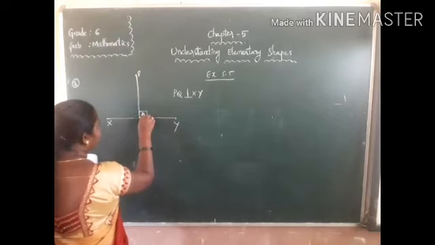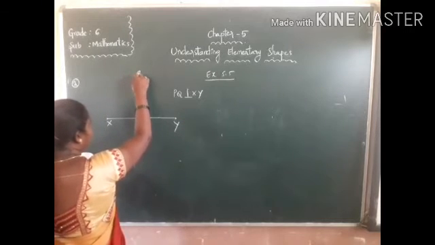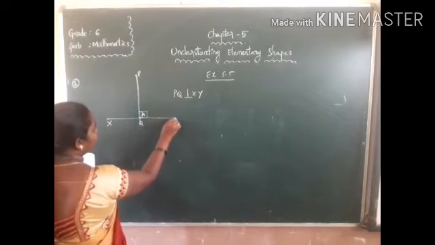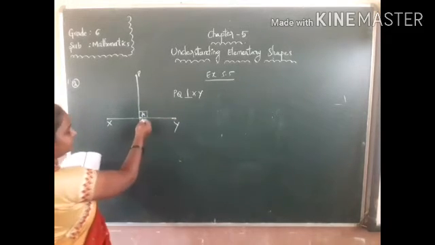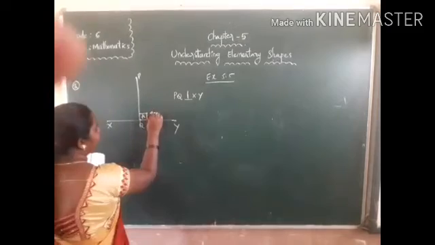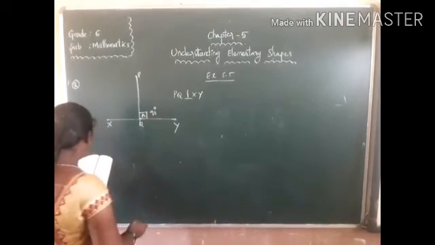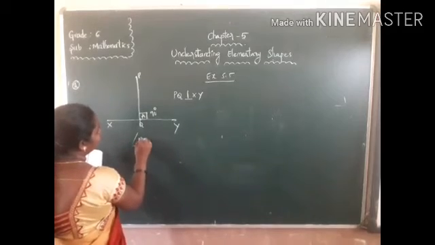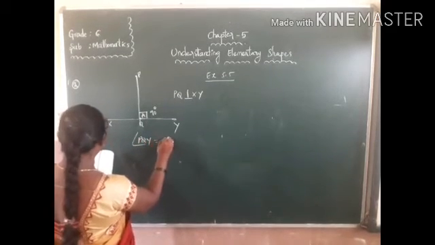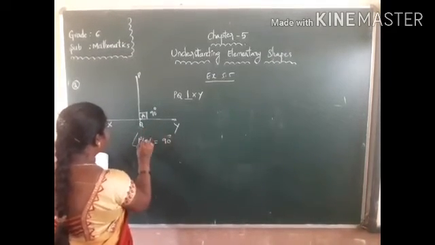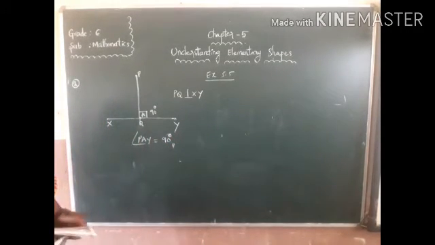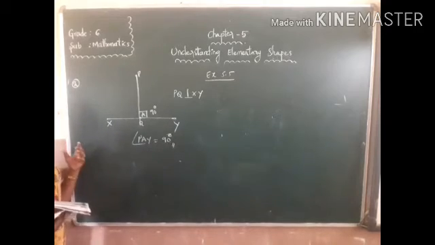Observe carefully. After intersecting these two line segments, one angle is formed. Yes, it is a right angle. So the measure of angle PAY is 90 degrees. Okay, right.